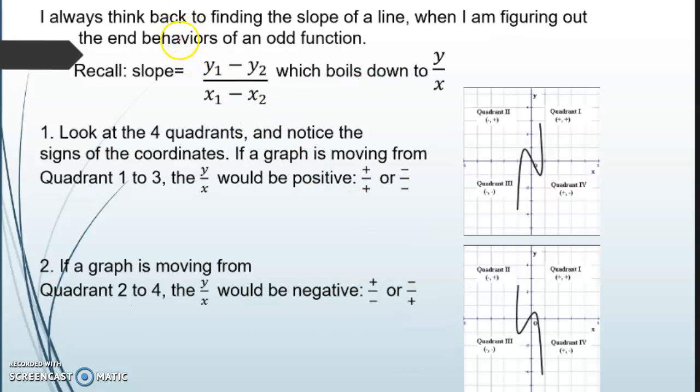I always think back to finding the slope of a line when I'm figuring out the end behaviors of an odd function. If you remember slope, this was positive slope, and it went from positive positive to negative negative. Positive over positive is positive. Negative over negative is positive. So that would be the positive, quote unquote, slope.